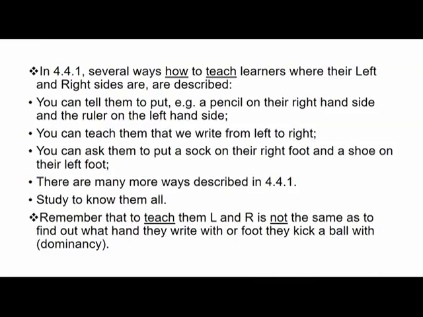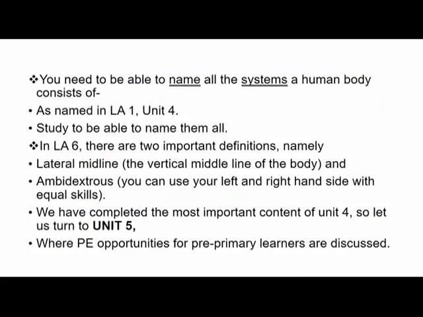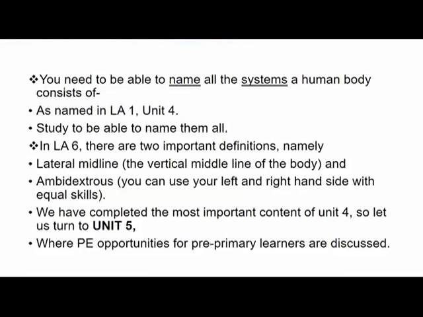Remember that to teach them left and right is not the same as to find out what hand they write with or foot they kick a ball with. That's dominancy. You need to be able to name all the systems a human body consists of, as named in LA1 Unit 4. Study to be able to name them all.